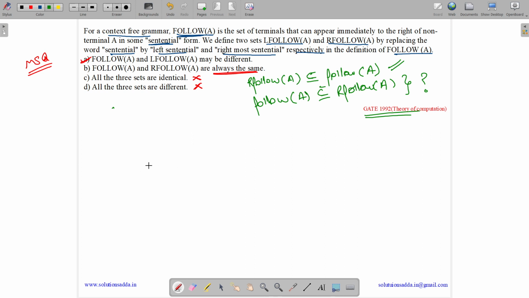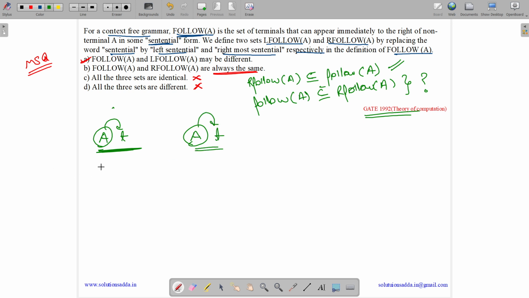Let us assume that a terminal T can appear to the immediate right of a non-terminal A in a sentential form. Any terminal which can appear on the immediate right of a non-terminal in some sentential form must also appear to the immediate right of the same non-terminal in the right sentential form. Let us suppose we have a non-terminal and we have a terminal over here. If this happens in any sentential form, then it must also happen in the rightmost sentential form.